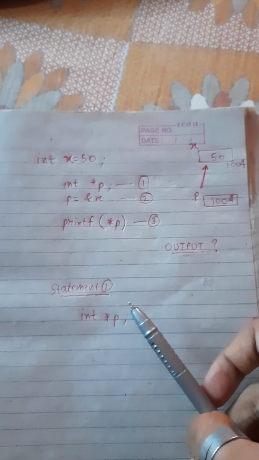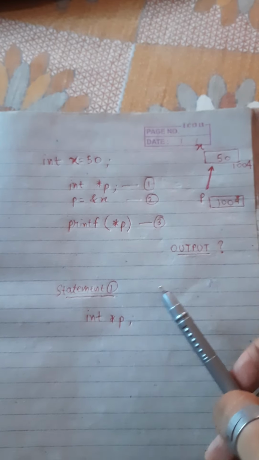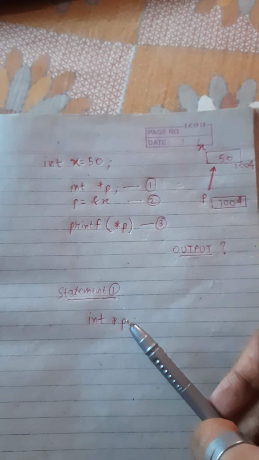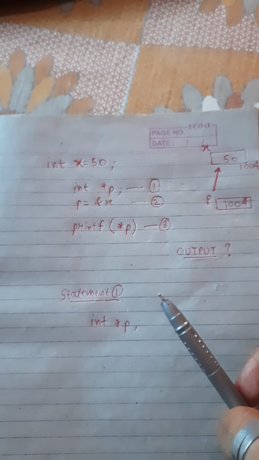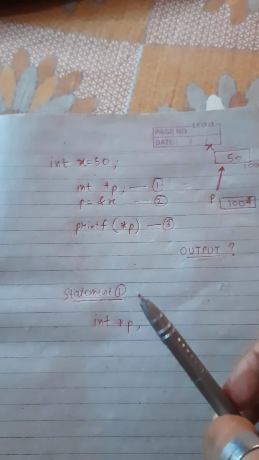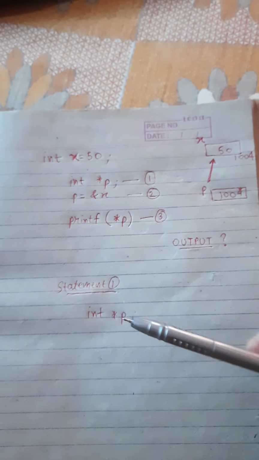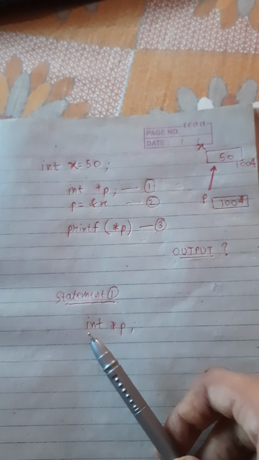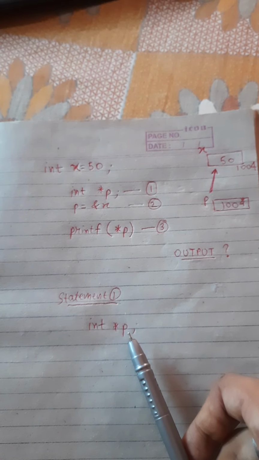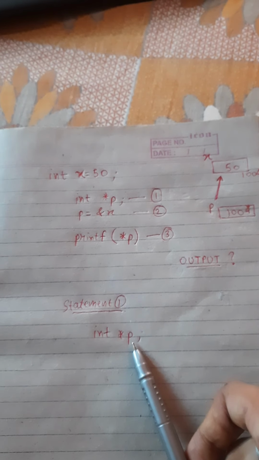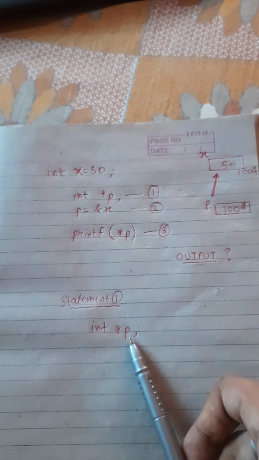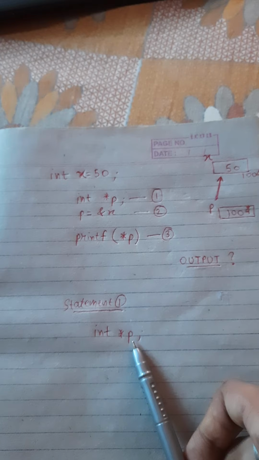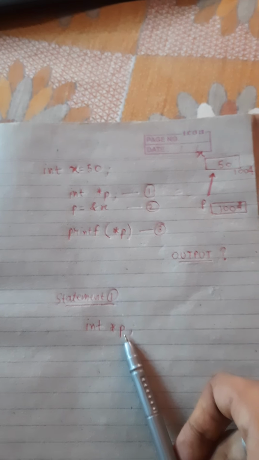Now what does this int mean here? Does it mean that the value within the box of p will be an integer? No, that is not the case. In the case of pointers it has a different perspective. What is that perspective? As the name itself suggests, a pointer has to point to something.